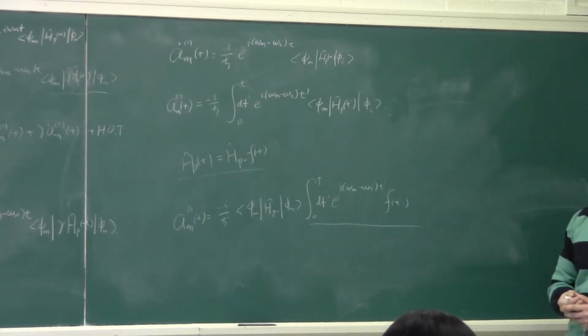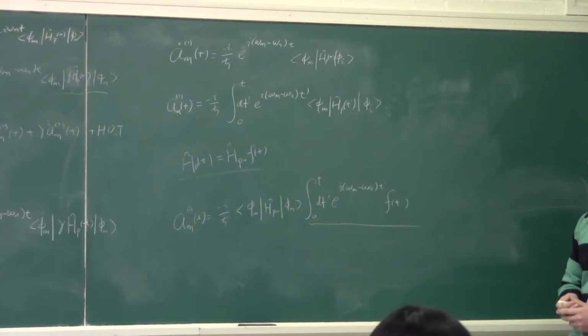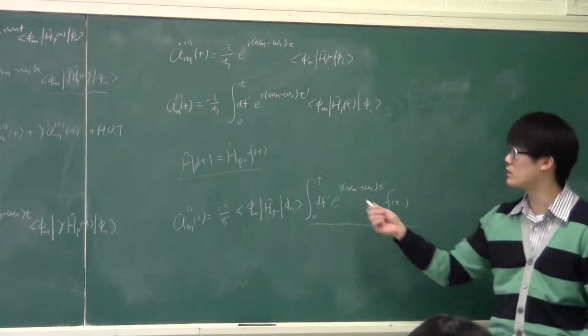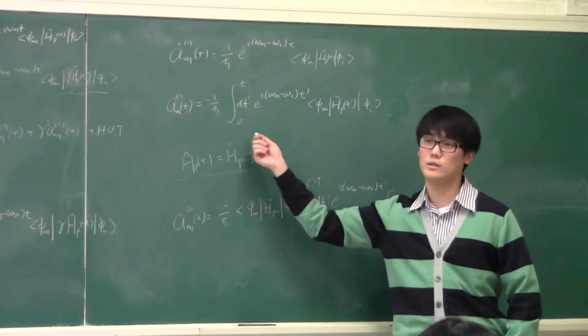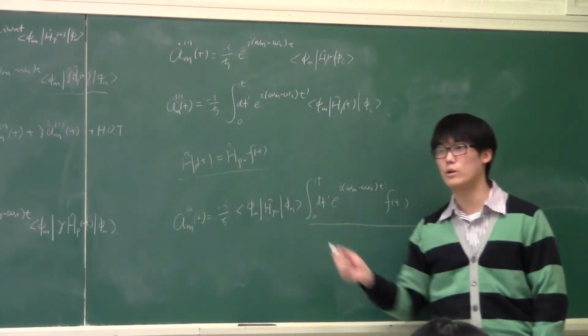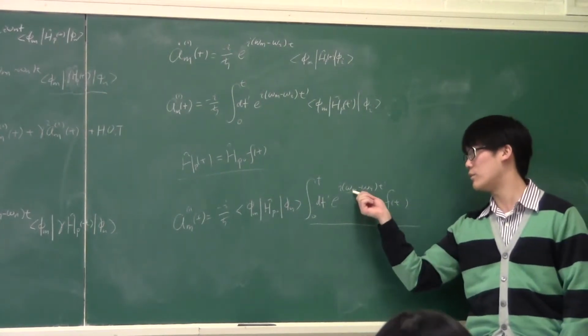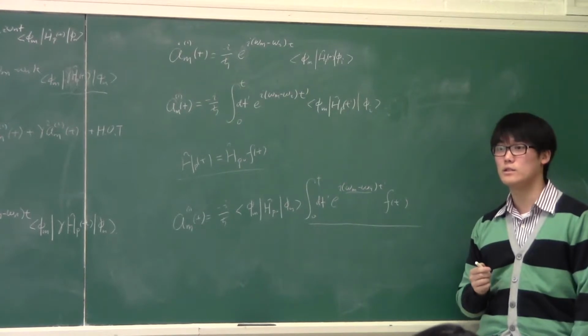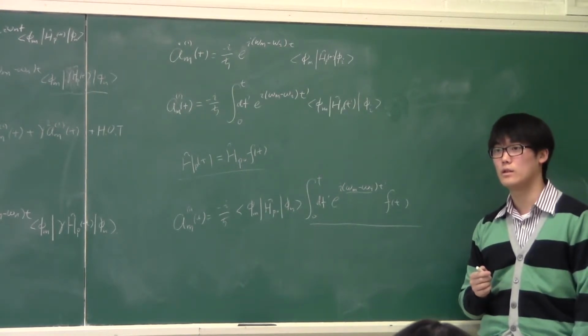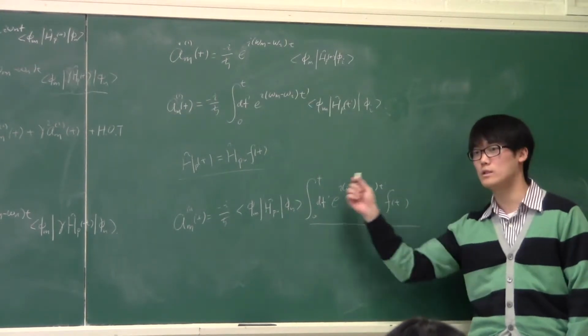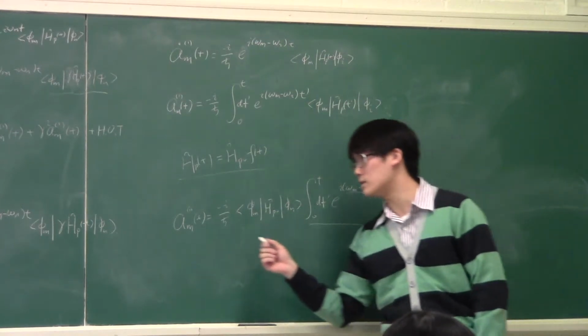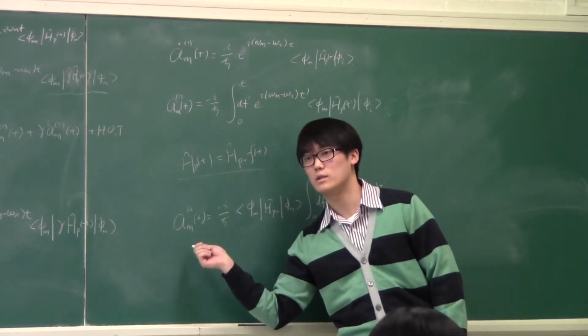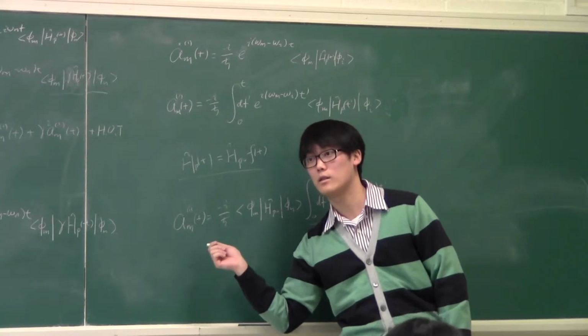So what the system does is it's going to Fourier transform this thing, the perturbation in the time domain, and look for the component that matches the energy difference here. Okay. It's going to look at how much it has in that component, and that determines how this evolves in time.